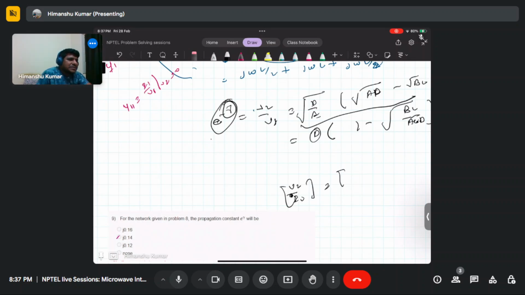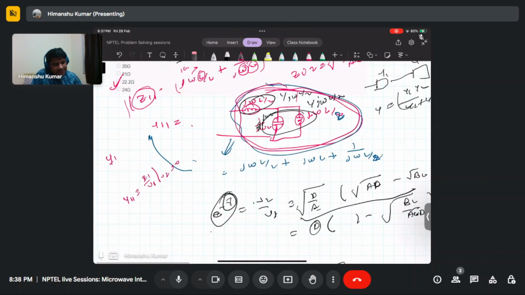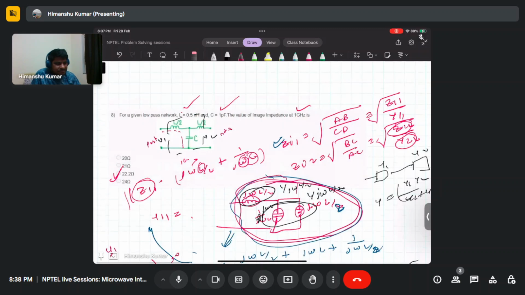It will be better to calculate with the ABCD parameters, especially for this T kind of network. Whichever method is easier is better. The final answer you will get is the same.